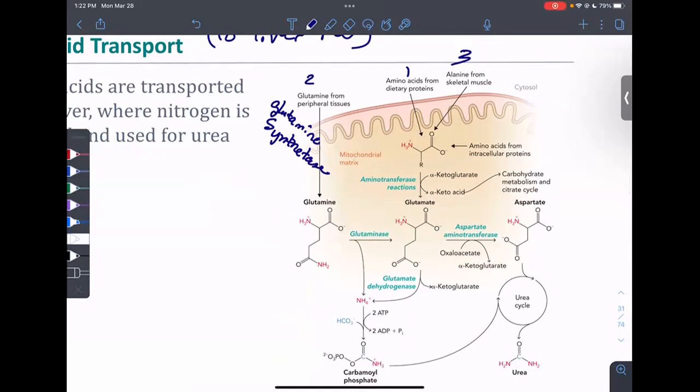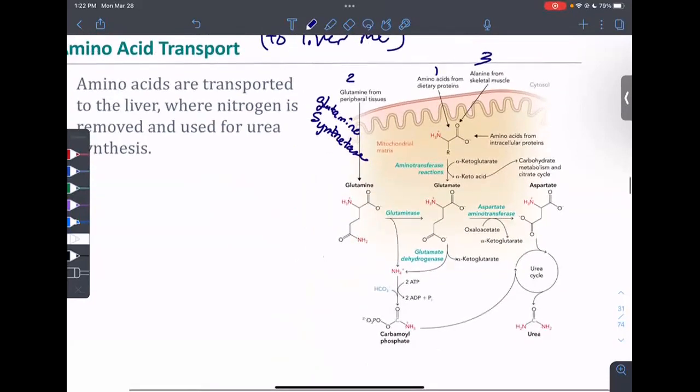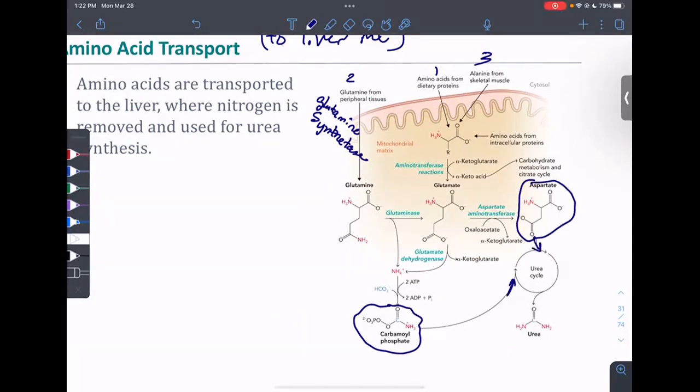Well, we actually have to make two urea cycle precursors. And those two urea cycle precursors are carbamoyl phosphate. So that's what's right here. And then the other one that we need in order to run the urea cycle is aspartate. So these are the two things that are going to enter the urea cycle to eventually form urea.